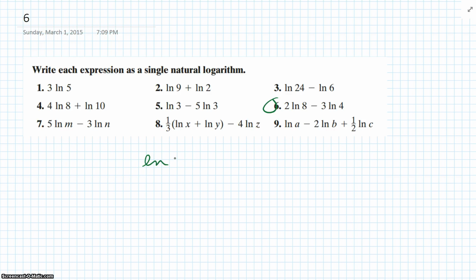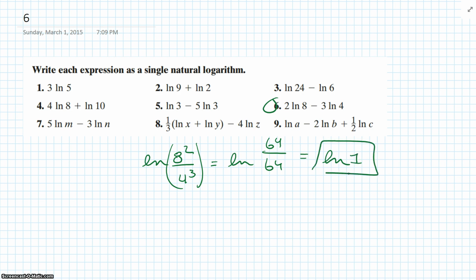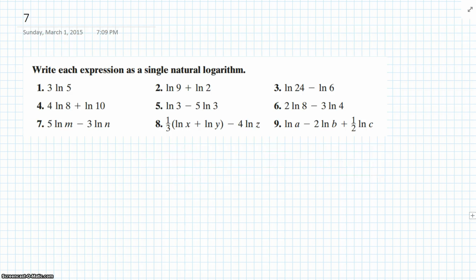Could rewrite that as the natural log of 8 squared over 4 cubed. Be the natural log of 64 over 64, which would be the natural log of 1. Seven. 5 natural log of m minus 3 natural log of n. That's the natural log of m to the 5th over n cubed.